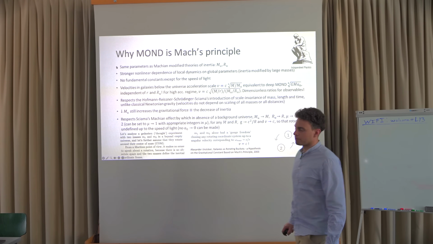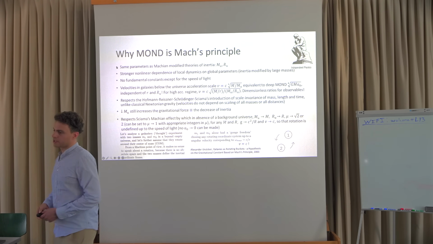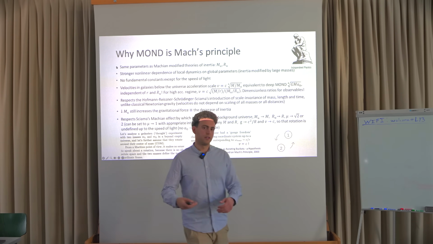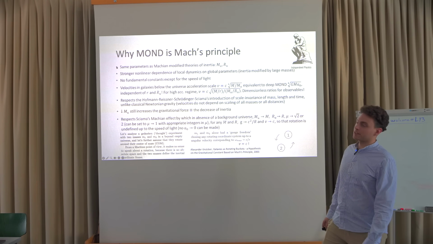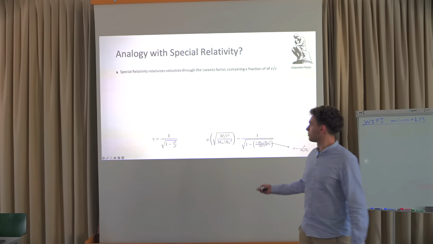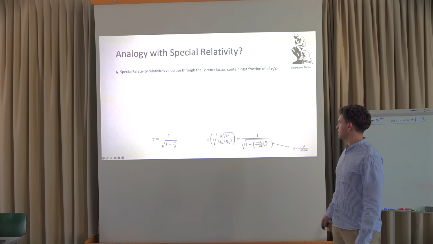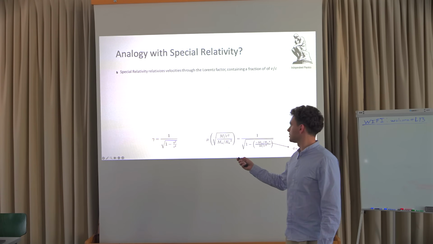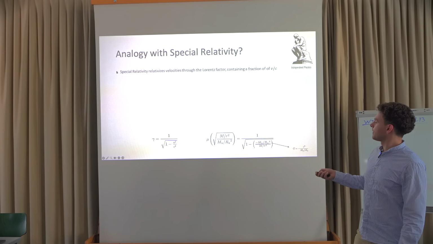So you would expect this because general relativity is not Machian. If you could really make general relativity fully Machian, the hope is that you would get Machian MOND with it. But there's another path to get it, because in case you haven't realized, the interpolating function is very similar to the Lorentz function. In special relativity you relativize velocities through the Lorentz correction factor, and you get the fraction of velocities.